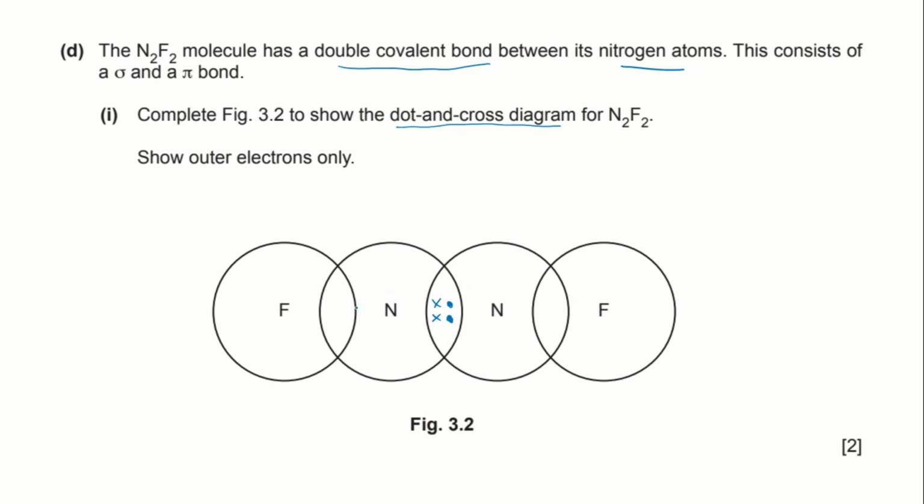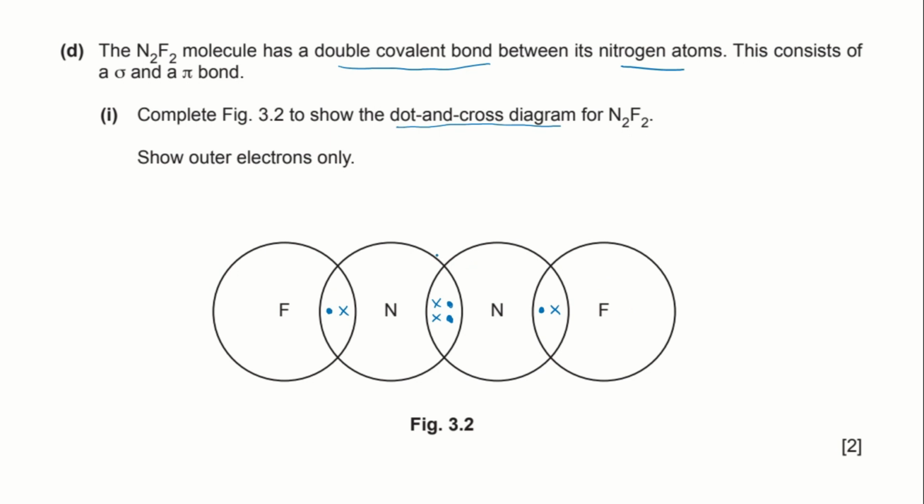That means 3 more. 1 more sharing with fluorine. So I use the same symbol, cross and cross here. So that means for this fluorine on the left, I can use a dot. Now same goes to this right hand side. Okay, 1 more dot from this nitrogen and fluorine on the right hand side, I'll use cross for its electrons.